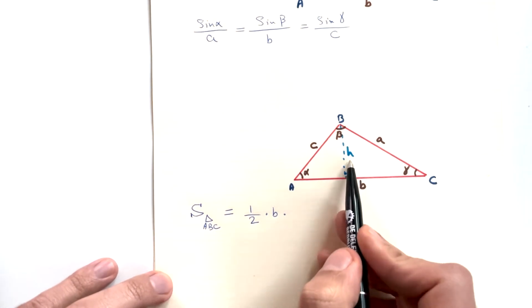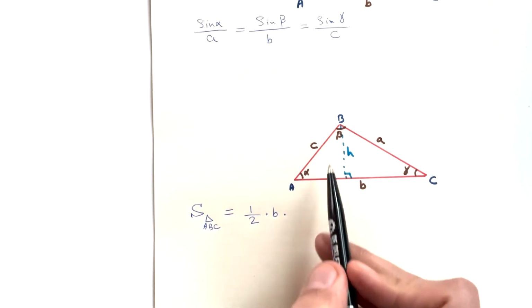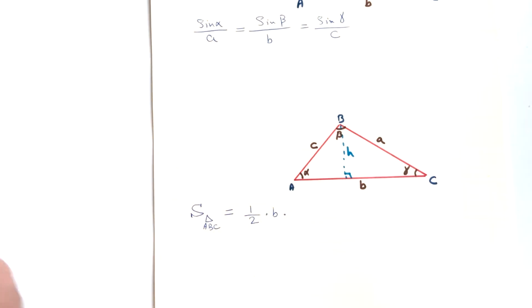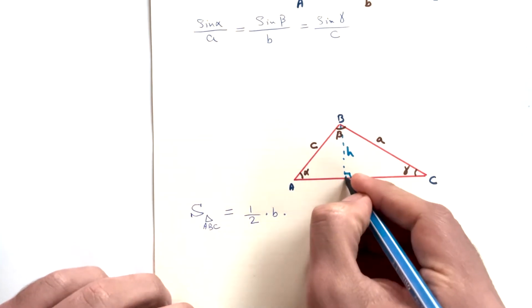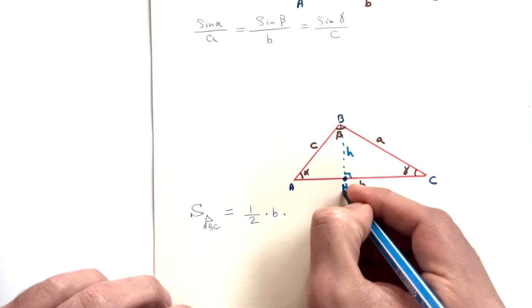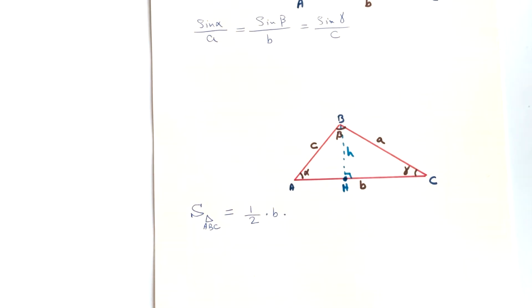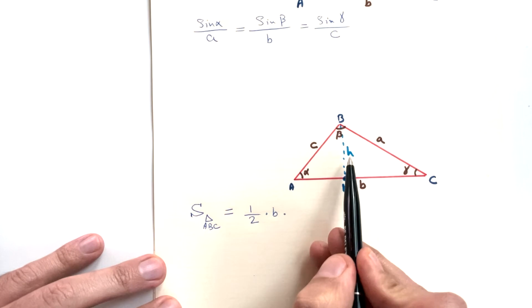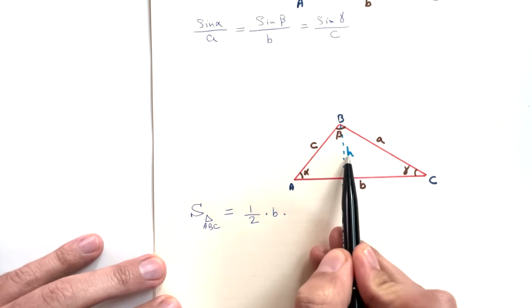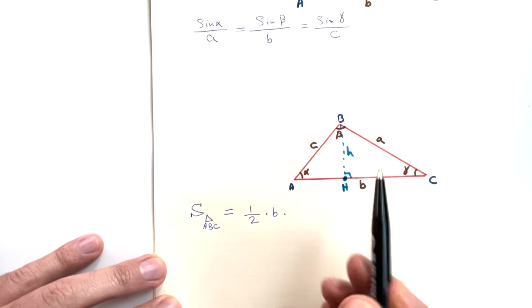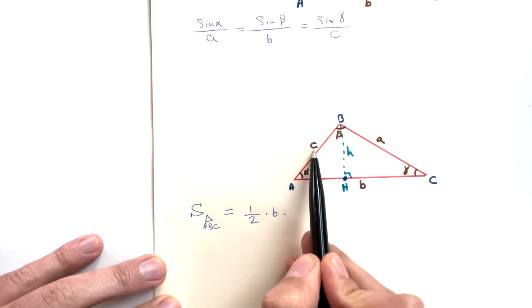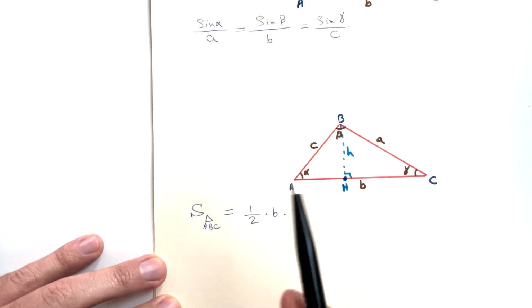If I call this point H, capital H, let's say, then the length of BH will be C times sine alpha.